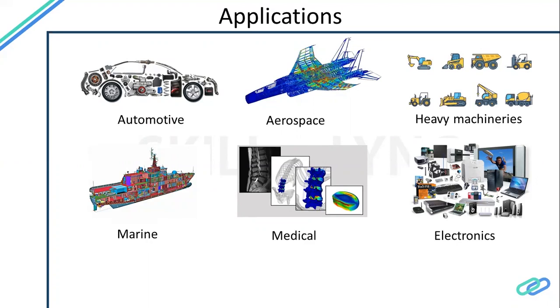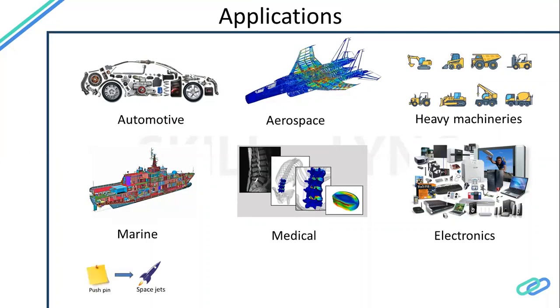In recent years, there have been huge developments in the medical field. And in electronics, it is a booming industry. So in all these industries, Nastran is helpful and currently used.